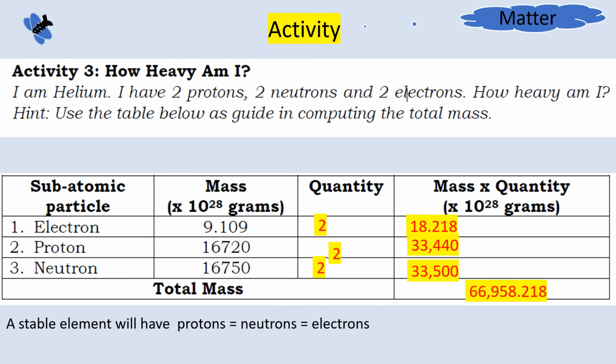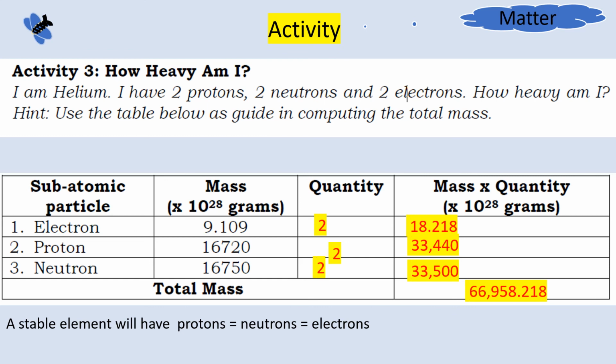In terms of protons, the quantity is 2 protons times its mass, 16,720 times 2. The answer is 33,440. Third, the neutron. The quantity is 2 since there are 2 neutrons.